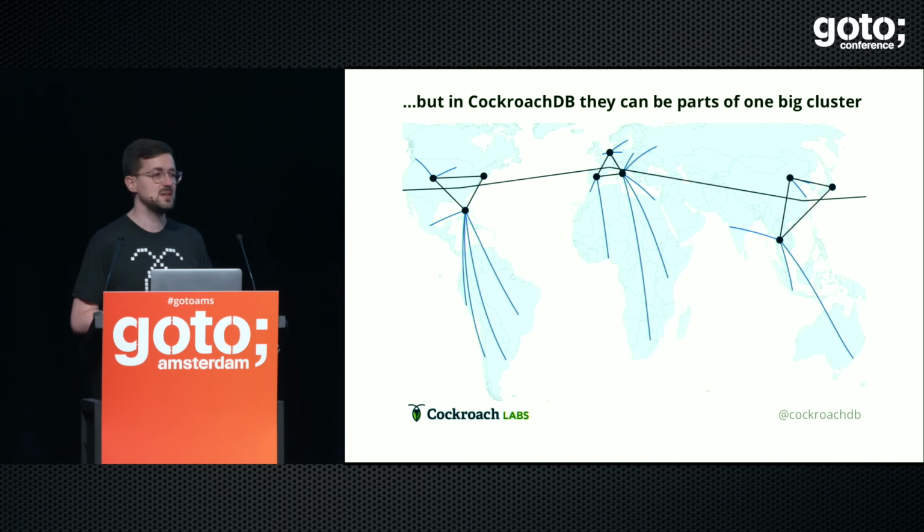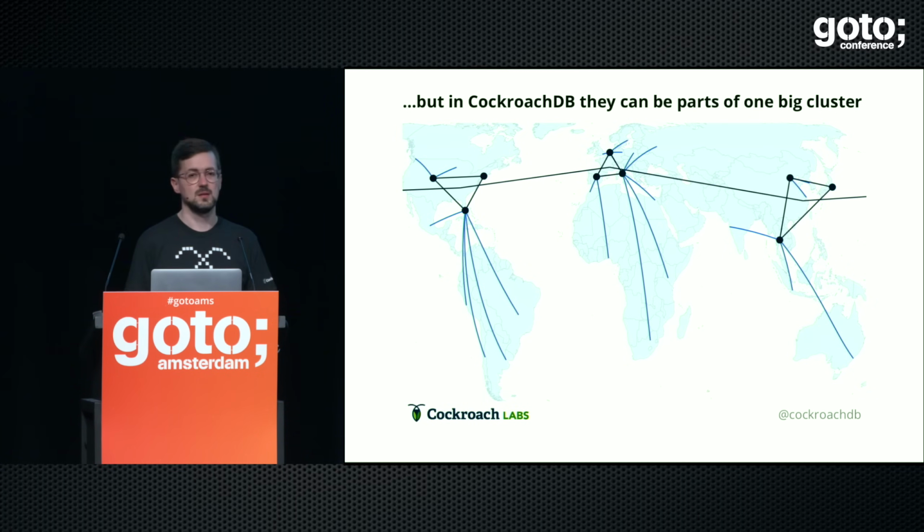So in CockroachDB, we have the solution that you can have everything replicated in both ways. You can have one giant cluster that spans the globe, and you can also subdivide specific tables and locate data in different regions.